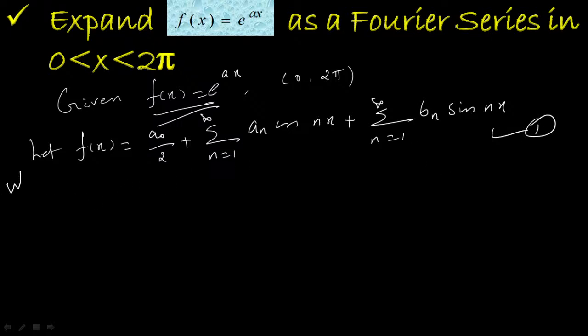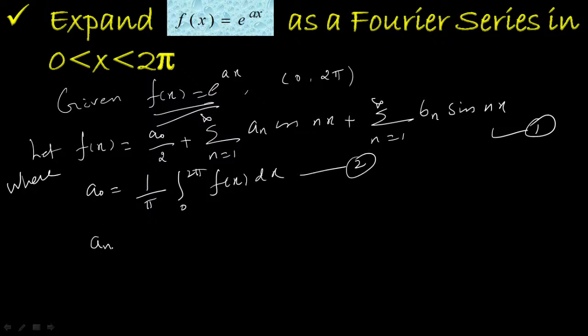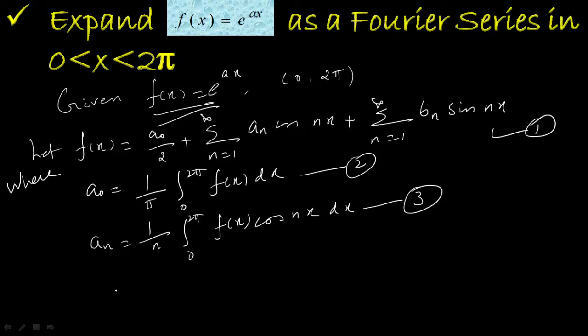Next, a naught is calculated by making use of the formula 1 by pi integral 0 to 2 pi f of x dx, take this as equation number 2. And a n is calculated by making use of the formula 1 by pi integral 0 to 2 pi f of x cos n x dx. You take this as equation number 3.